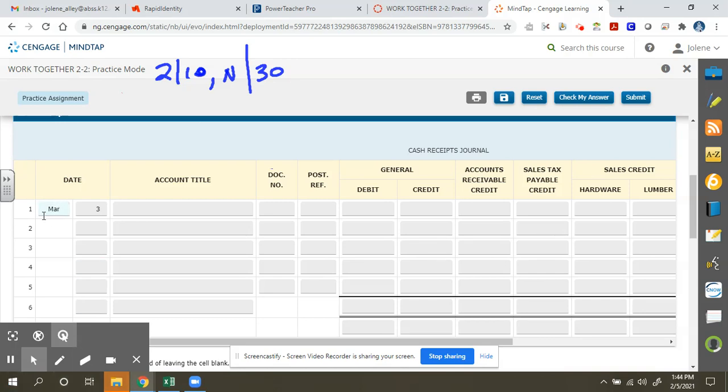Okay, so we've got March 3rd. This is Andrews Homes. All I have to do is put Andrew, and look, it popped up for me. The document is a receipt for 445.